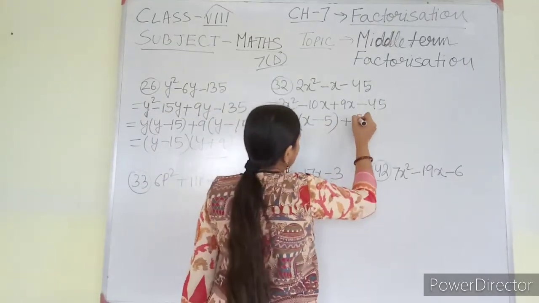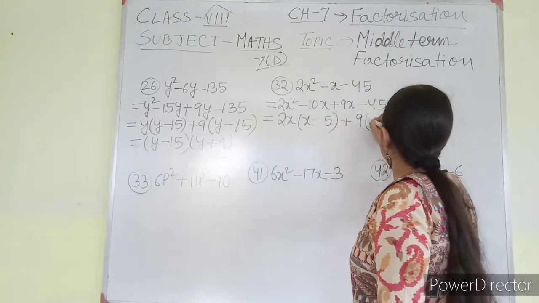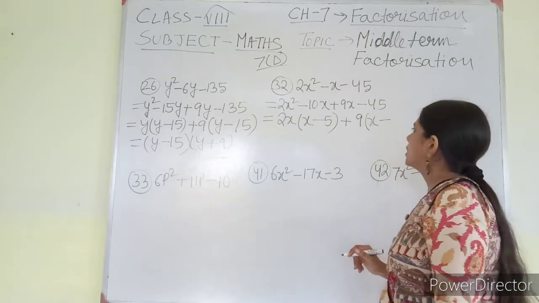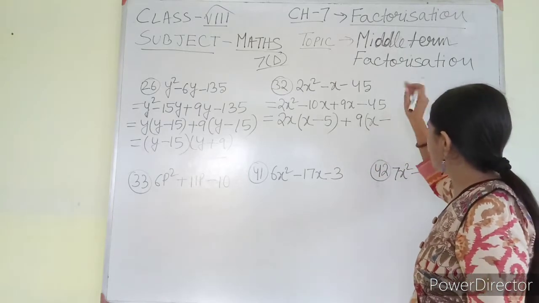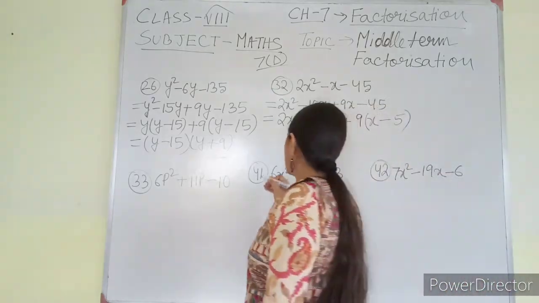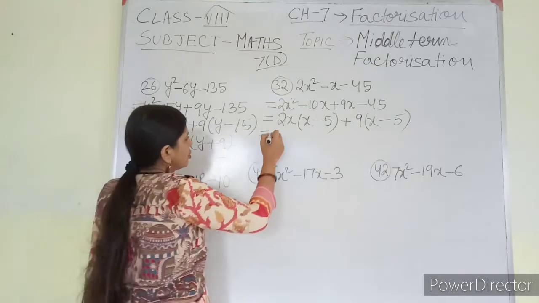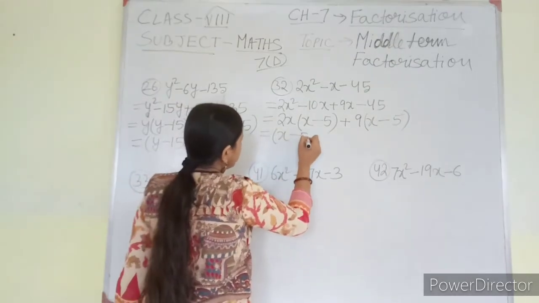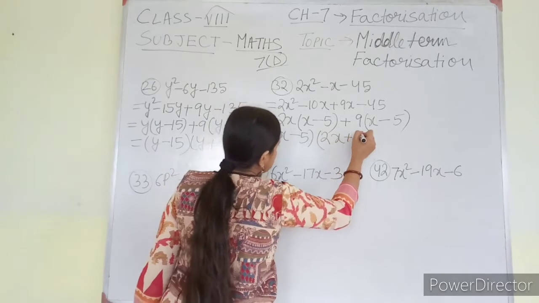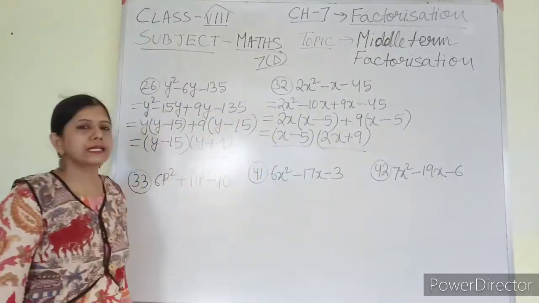Now again take common as 9. Okay, now what is left here? Here x is left and here 9 into 5 is 45, so 5 is left here. Now x minus 5, this one is common, so I will take x minus 5 and what is left? 2x plus 9. So the factors are x minus 5 and 2x plus 9.